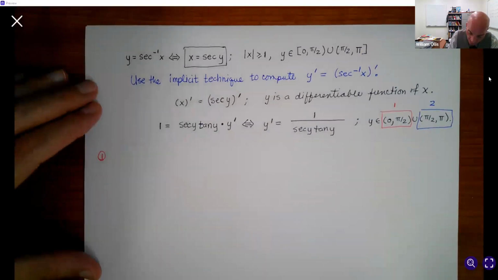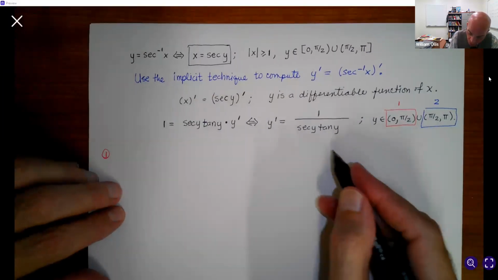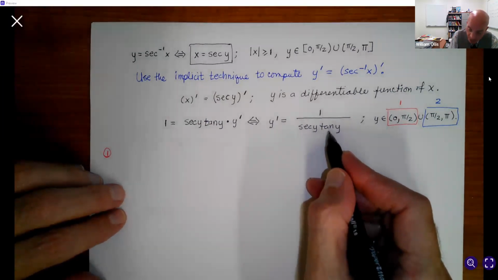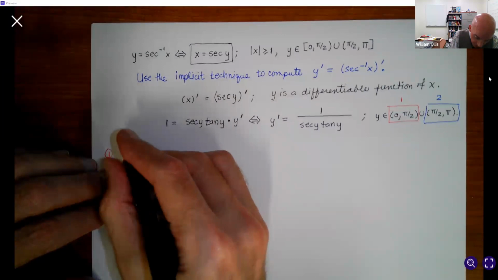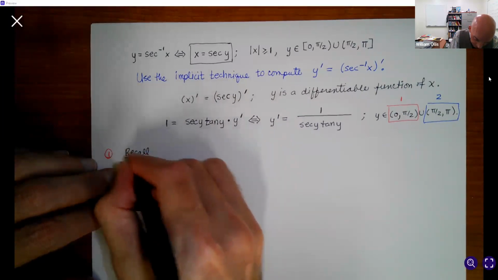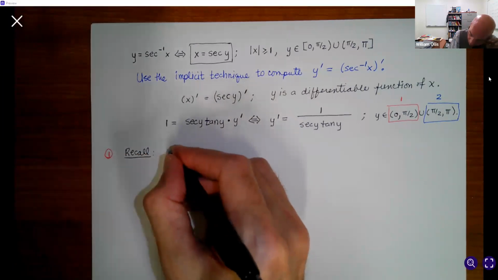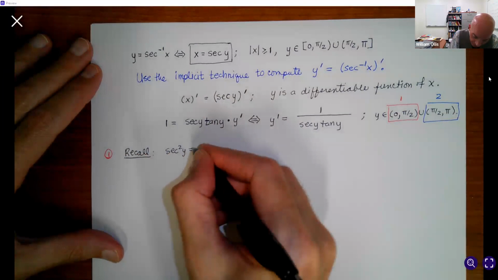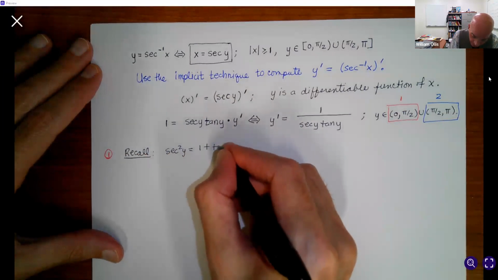Now, what we notice, and we won't have to do this twice, is that we can use a Pythagorean identity on tangent. So I'll just say, recall secant squared y equals 1 plus tangent squared y.